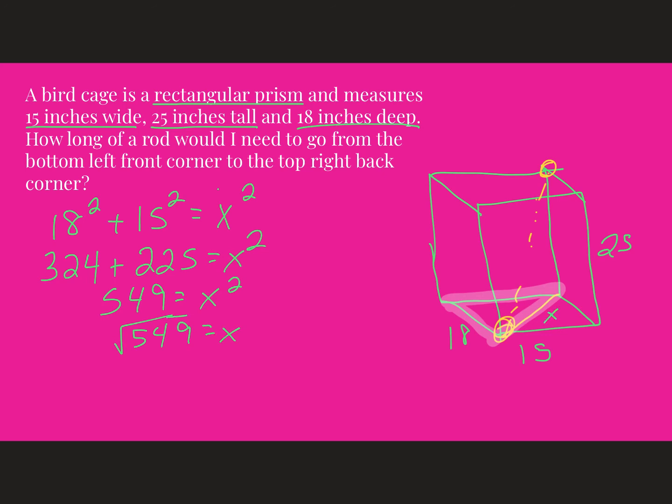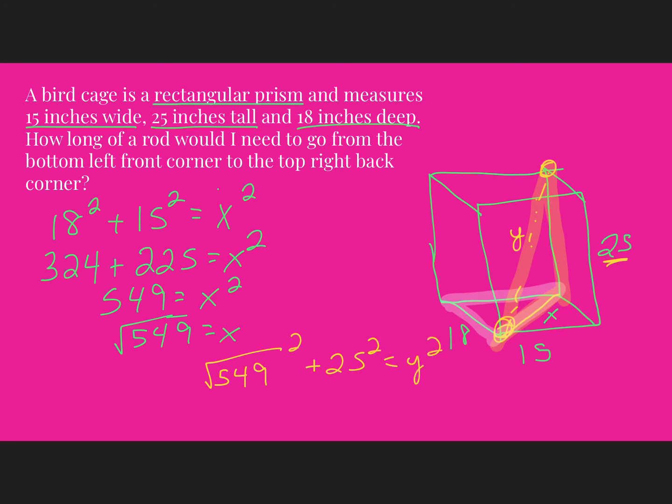Now I need to find this last distance, which I'm going to call y. So now I'm looking for this triangle right here. That goes right there. So x is the bottom. The height is my other number here. So now I'm going to do this again, except now I have the square root of 549 squared plus 25 squared equals y squared.